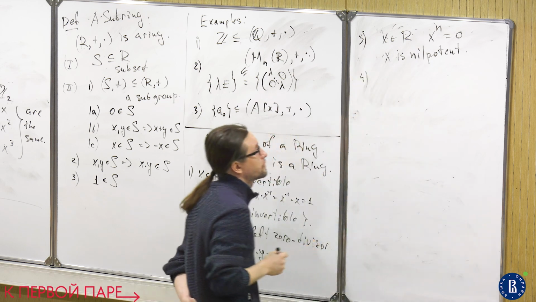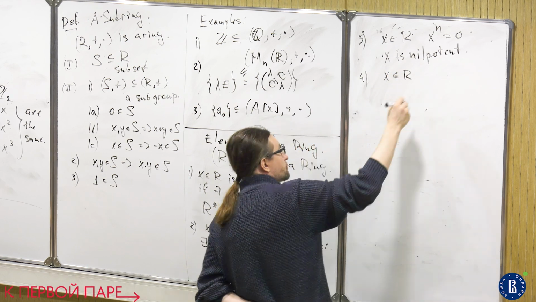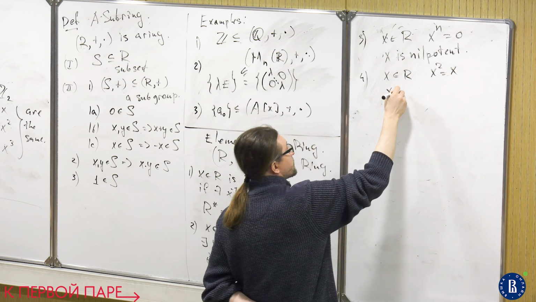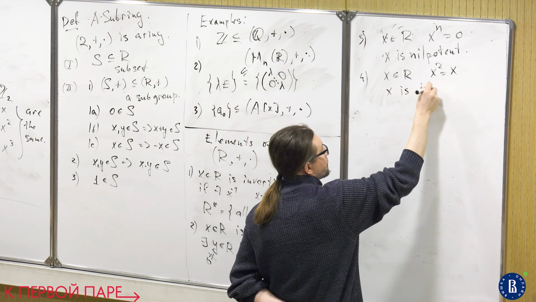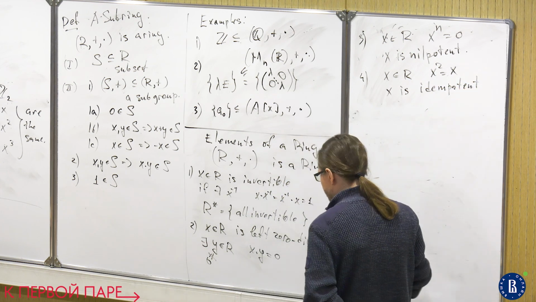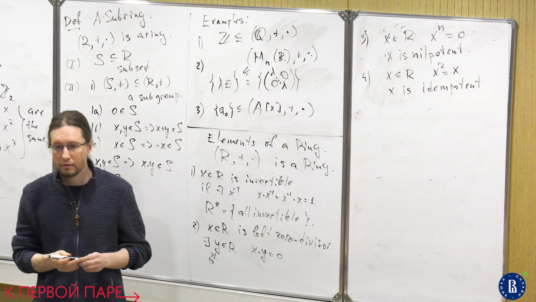And the definition number 4: if x is an element of R and x squared equals x, we will say that x is idempotent.